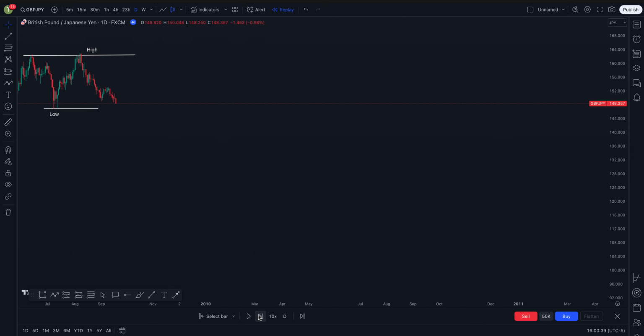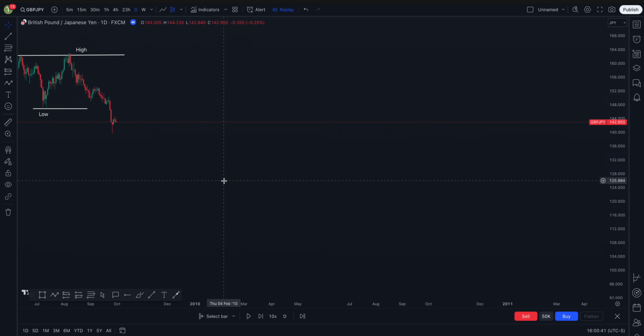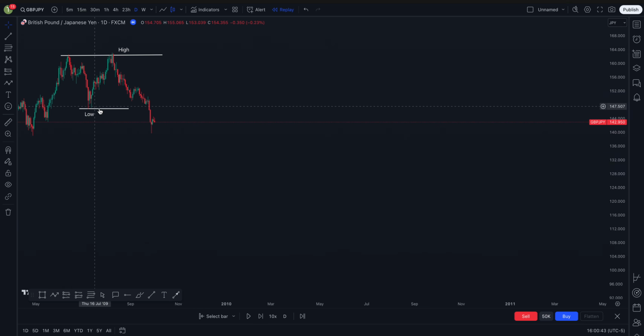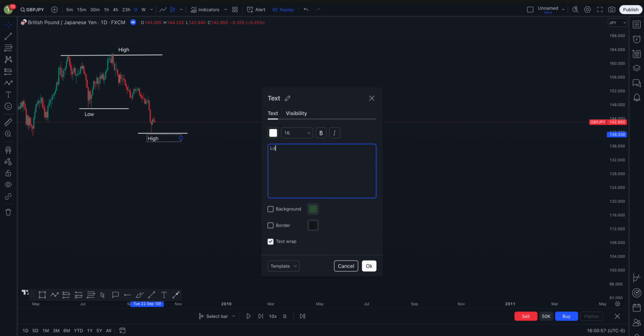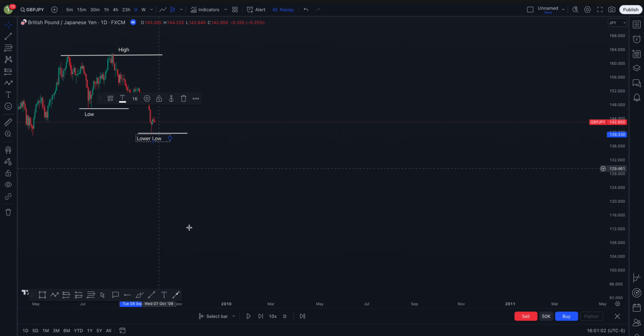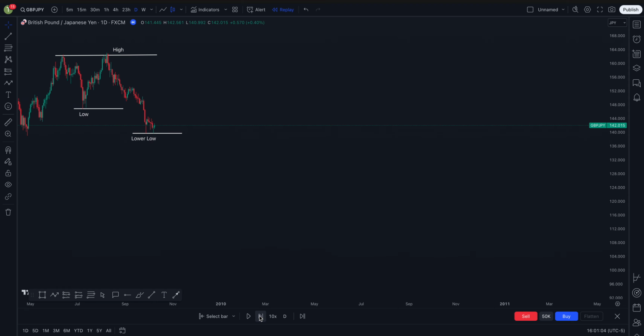So now we wait to see what happens with the candles. It created a high. Now we want to see the low broken. So now we have created this area right here, which we can consider to be a lower low. Let's see what happens.